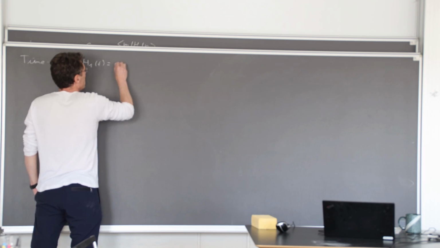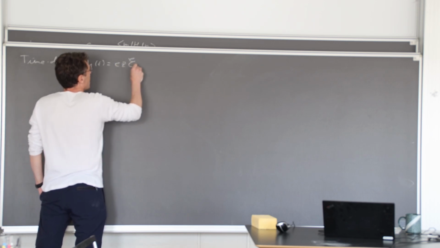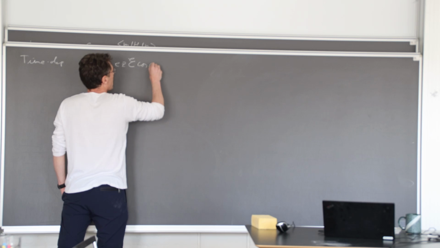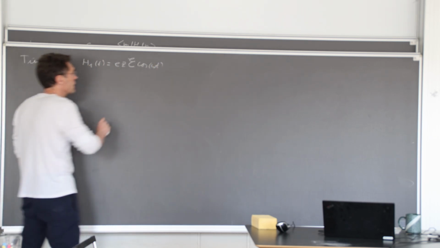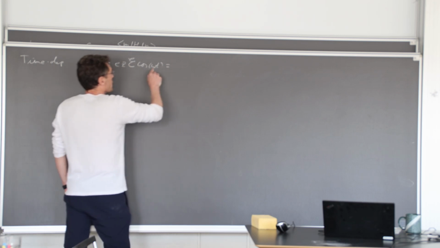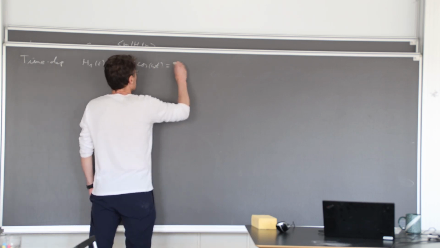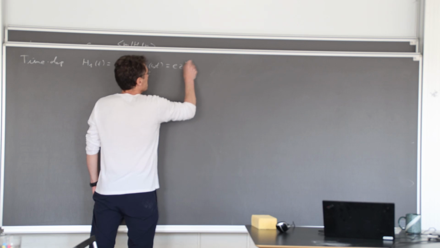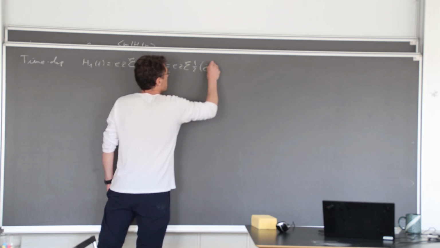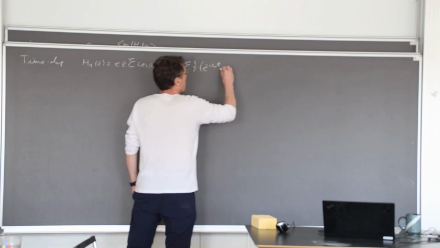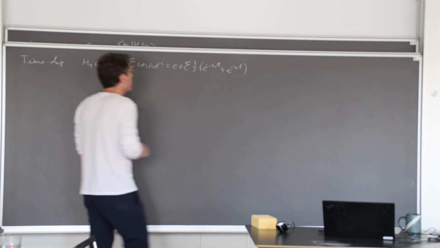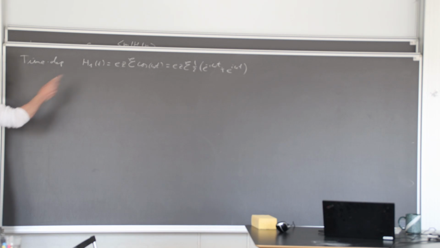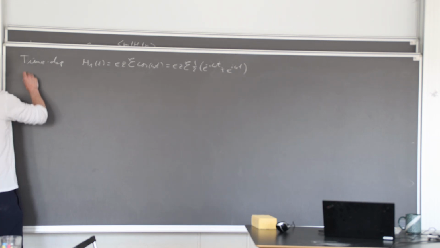So it's going to be e z and then the amplitude times some cosine omega t. So we assume that this is a monochromatic electric field with a single frequency, which is of course the same as e z E, and then 1/2 e to the minus i omega t plus e to the i omega t.